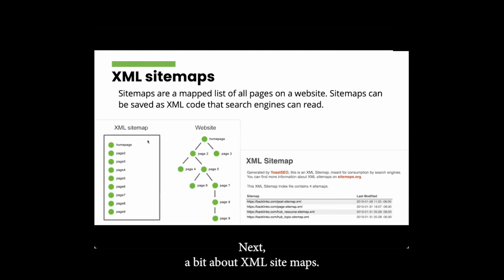Next, a bit about XML sitemaps. Sitemaps are mapped lists of all the pages on your website. And what you can do for your website is save them as quote unquote XML code that search engines can read. That sounds a little more complicated than it really is.